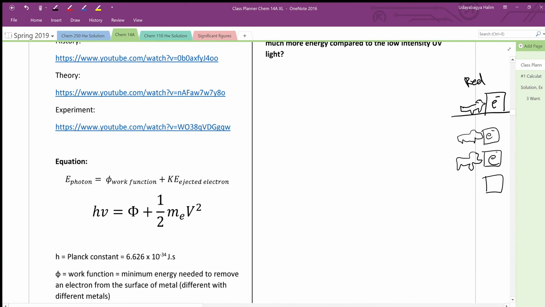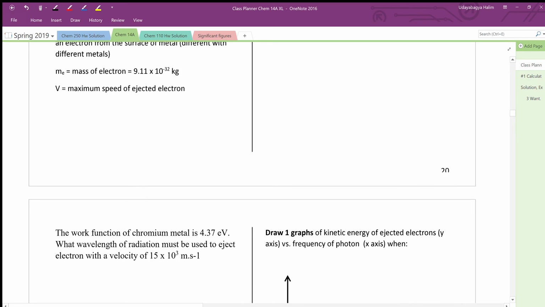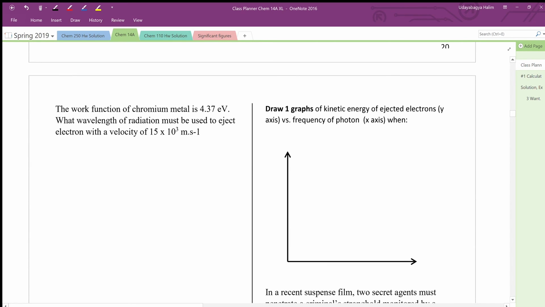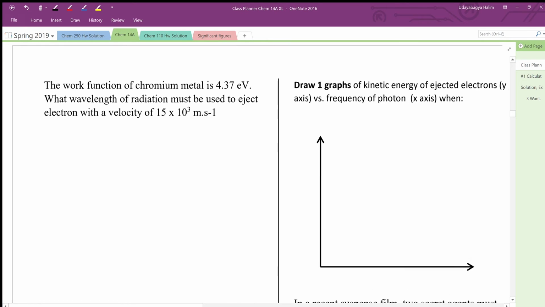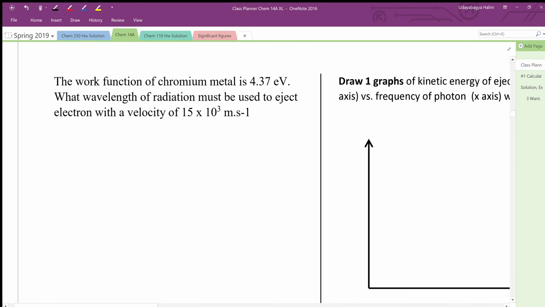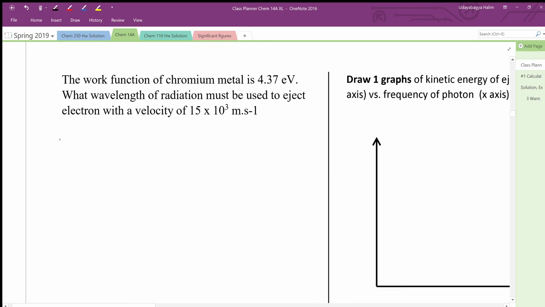I already asked that particular question. Let's do this one, the next question. What you want to know is the wavelength of the radiation, the wavelength of the photon.